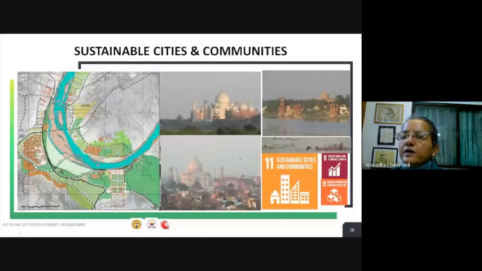So there are aspects of the natural and cultural heritage which need to be integrated into the planning framework, and there is a necessity to ensure that the communities residing in a historic area are part of the public-private partnership which is to be utilized for the achievement of the sustainable development goals.